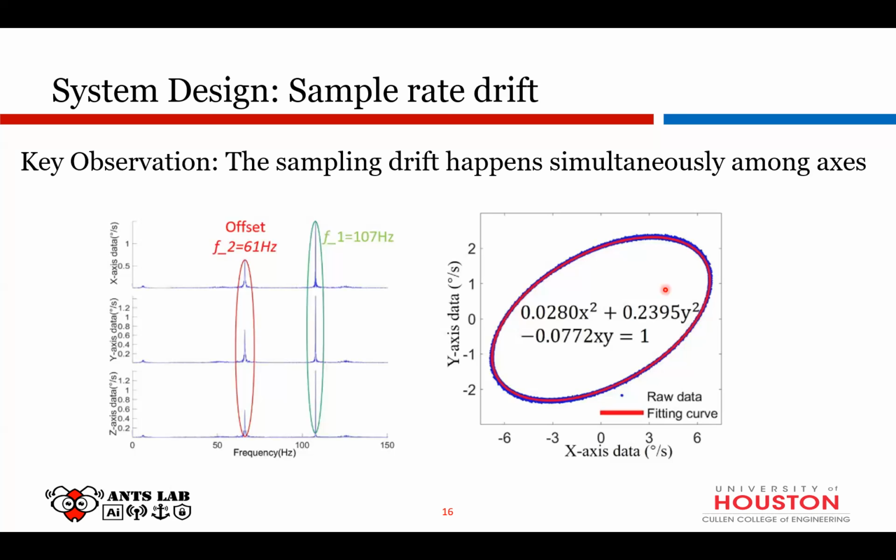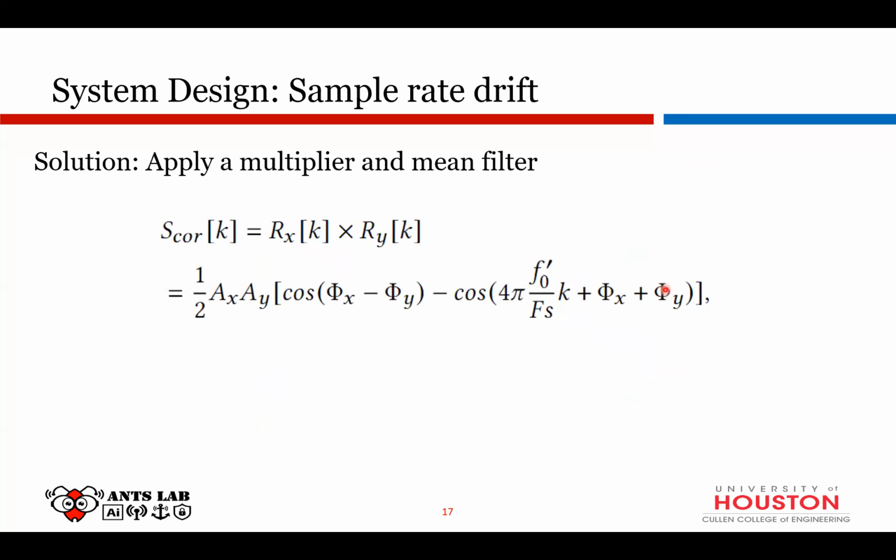Okay, so let's move on to the solutions. As I just mentioned, they possess these properties. So the straightforward solution is to apply a multiplier and a mean filter. Applying a multiplier simply means multiplying the x-axis reading with the y-axis reading, so it works like a mixer.